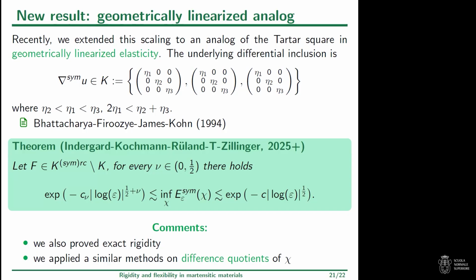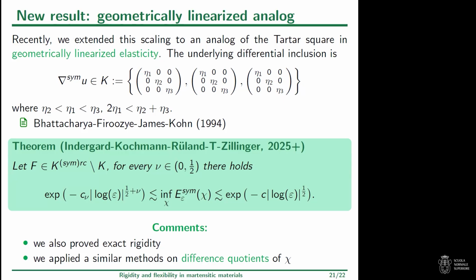So in a very recent work, again with Ancana, with Christian Zillinger, and then with Roman Indergard, I think, and Dennis Kochman, who did a bit of numerics for us, we extended this result also to a geometrically linearized analog of the Tartar square, which is this T3.